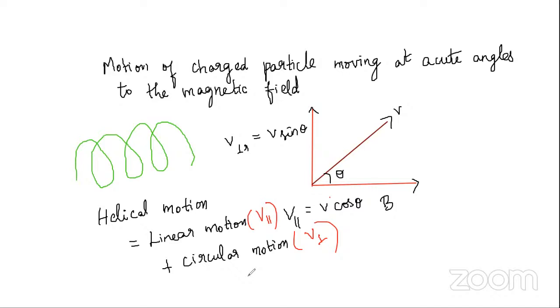And the next concept is when you have both an electric field and a magnetic field, and your charged particle is moving with some velocity.